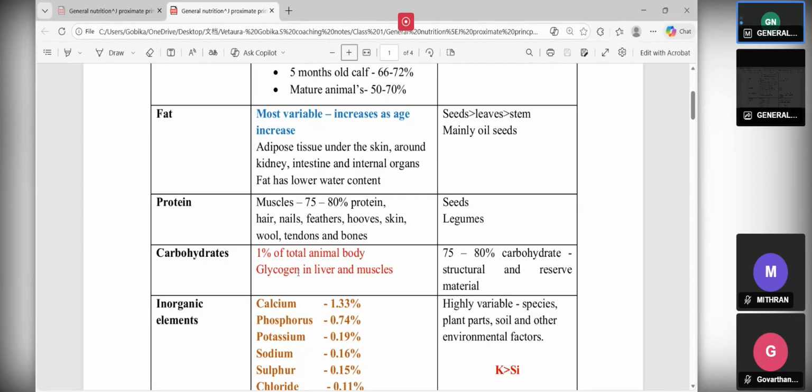In animals, carbohydrate is mostly stored in the form of glycogen for future use. They will also ask the location where glycogen is stored: glycogen is mostly stored in the liver and muscles. It is 1% of the total animal body weight. So these two points are mostly important from an exam aspect.